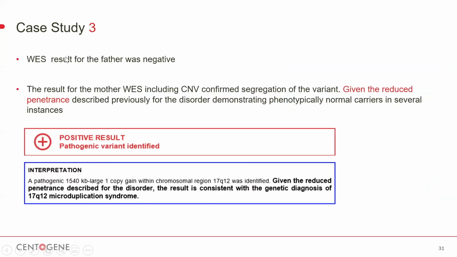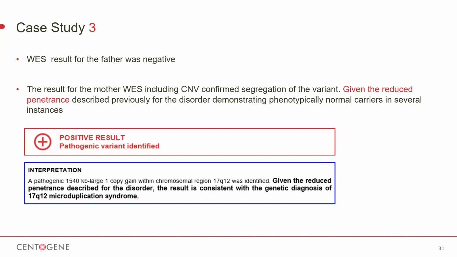Regarding the segregation analysis for the parents, the father was negative, but surprisingly, the mother had the same duplication. This is explained because the 17q12 disorder has been previously reported to have reduced penetrance, with phenotypically normal carriers.